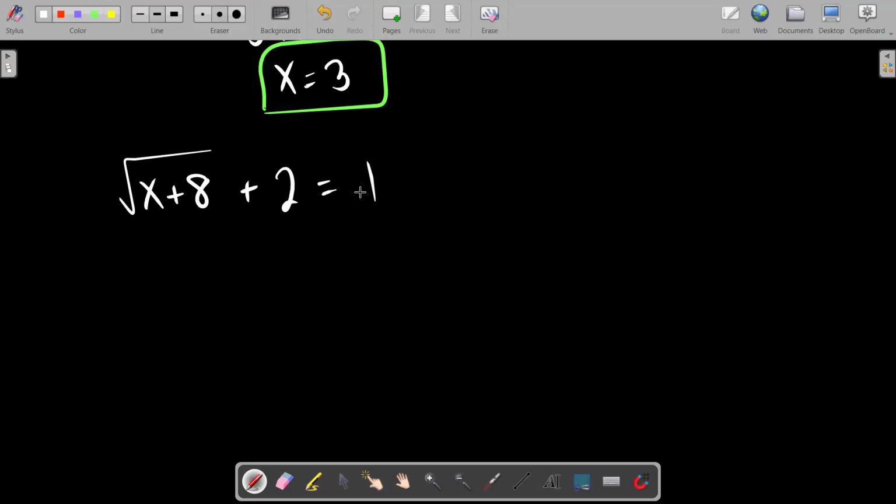Like what we said 5 minutes ago about getting the radical by itself, that's not going to change. So we're going to eliminate the 2. Subtracting 2 from both sides gives us the square root of x plus 8 equals what? Correct. And what do we do from here? We don't. We stop right here and state that there is no solution.